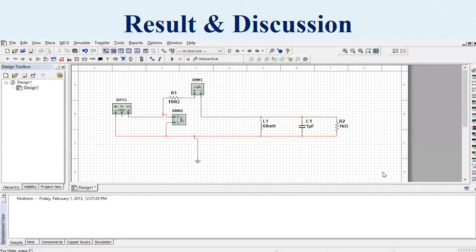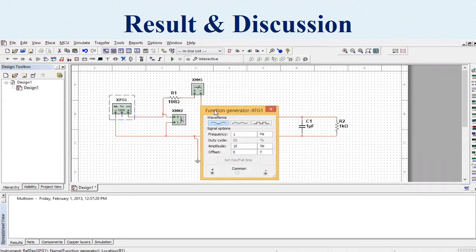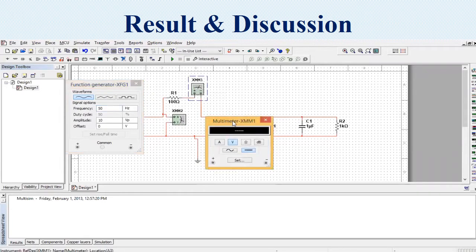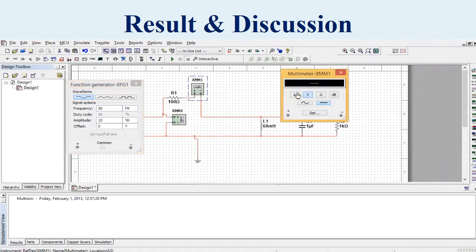For the results and discussion part, I will run the simulation diagram. Firstly, I will click on the function generator and select the frequency 50 Hertz. After this, I will click on the first multimeter and select ammeter and select AC because I'm dealing with an AC circuit.